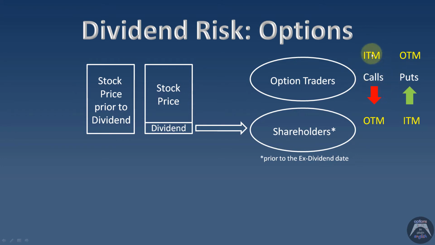And if we were to convert your calls into stock, then you would receive a dividend. If you stick with calls, then the price is going to go down, so the calls are going to go down, but you're not going to receive a dividend. So let's analyze the case of in-the-money calls.